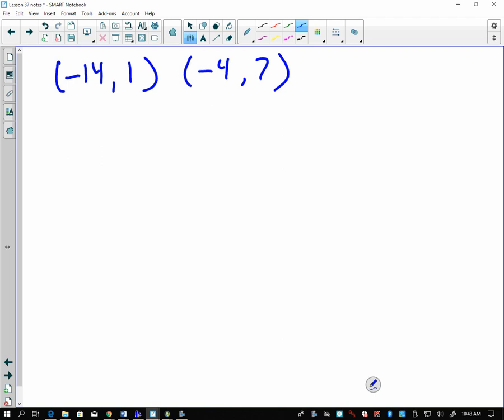That means first I have to find the slope. To find the slope between 2 points, we use the slope formula, y2 minus y1 over x2 minus x1.